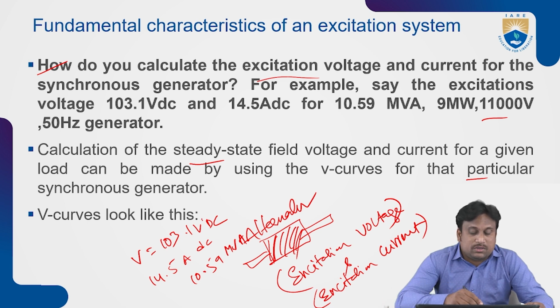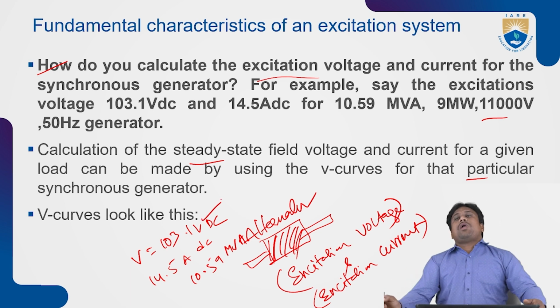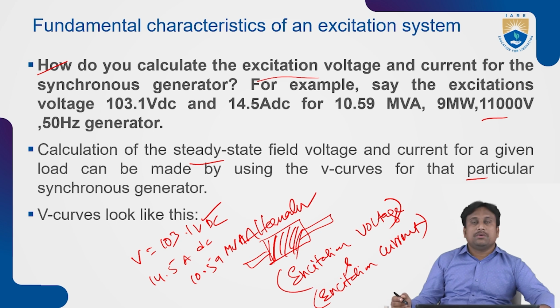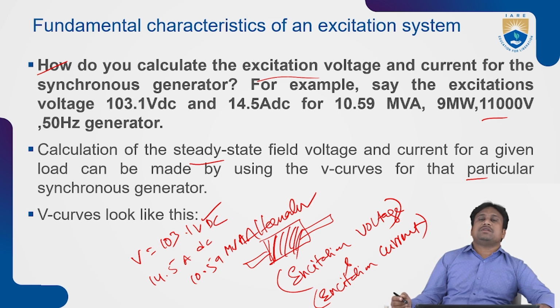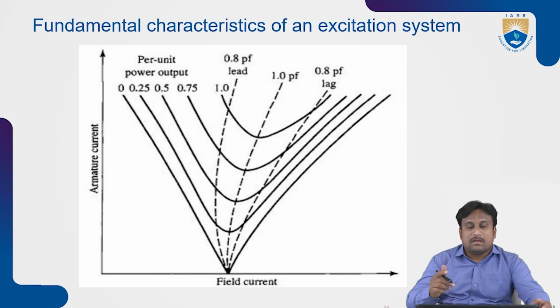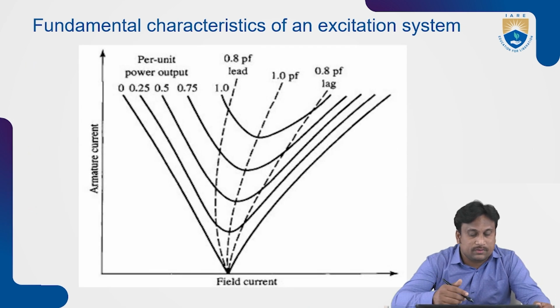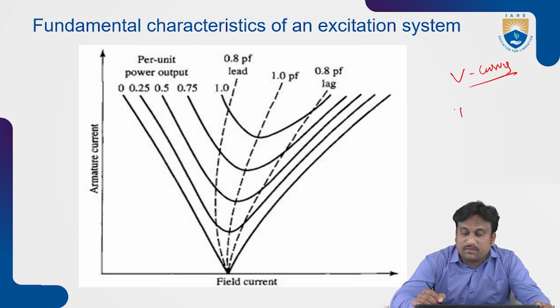So here we should treat the V curves. These V curves give the total information regarding the excitation of the synchronous generator. These V curves are drawn between field current versus armature current of the given alternator or synchronous generator.